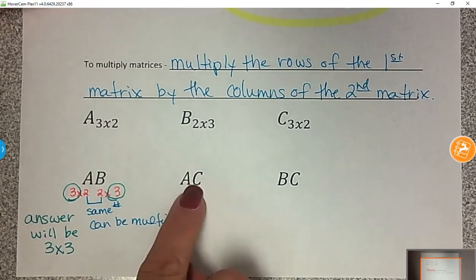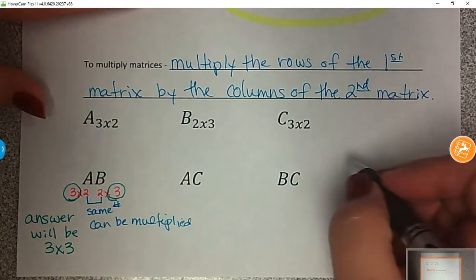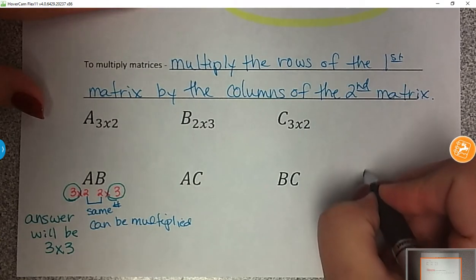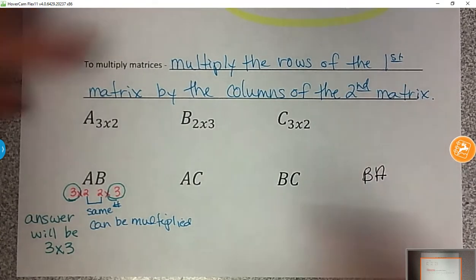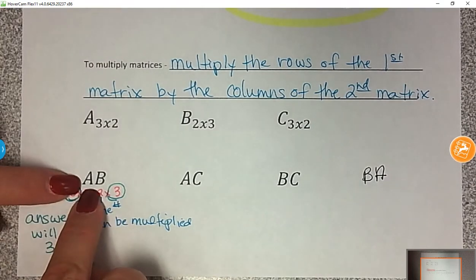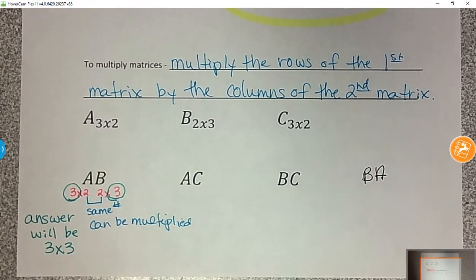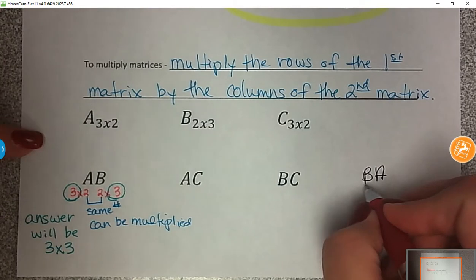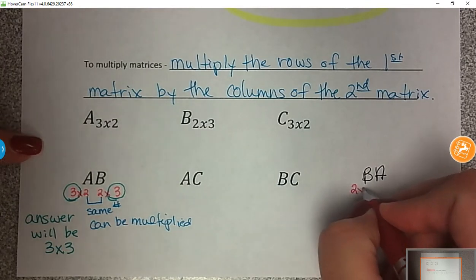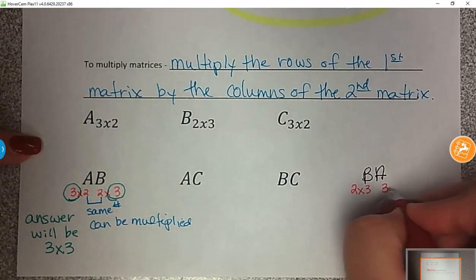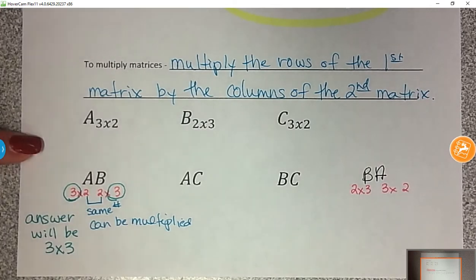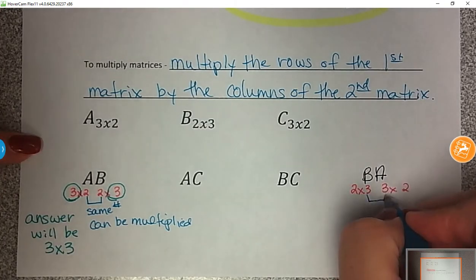All right, so let's test. Actually, before we do AC and BC, let's come out here to the side and do BA. Okay, I know I can do it in the order A times B, but I want to see if I can switch the order like we do with other multiplication things. So B, again, is a 2 by 3. A is a 3 by 2. So yeah, these here are the same, so yes, I can multiply them.